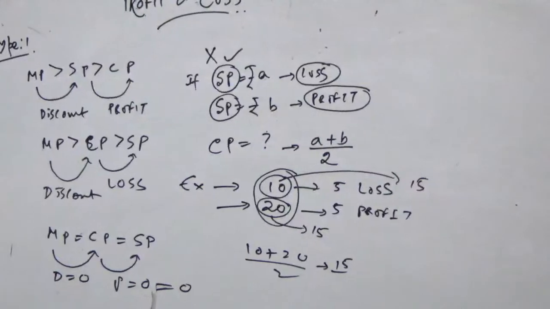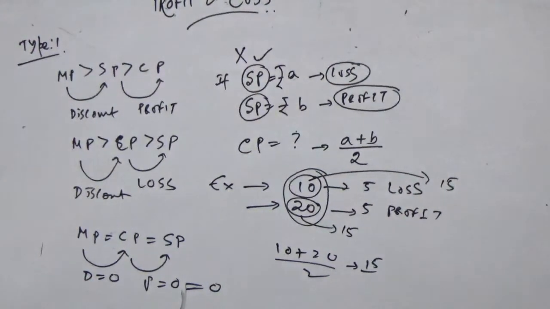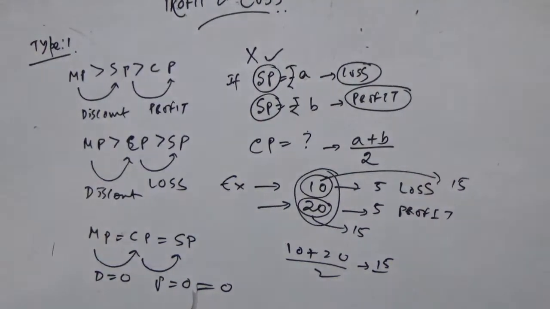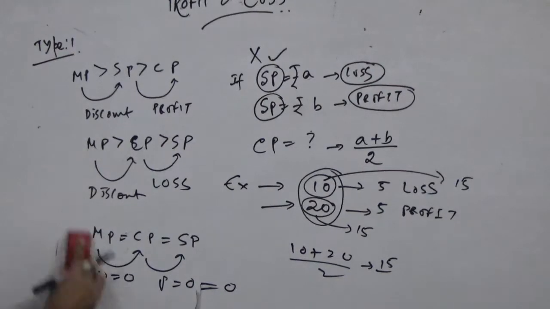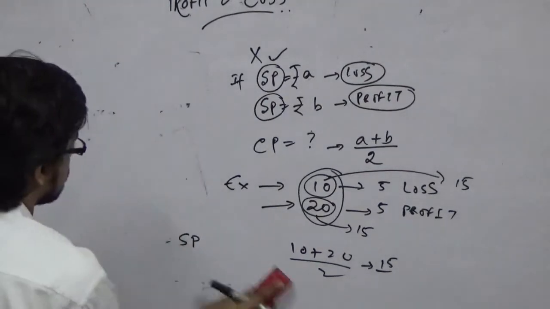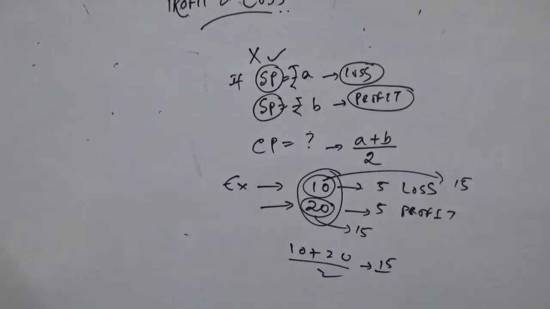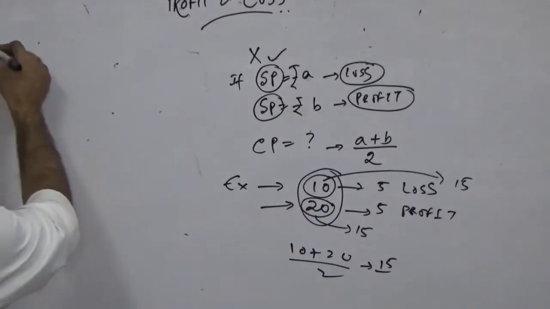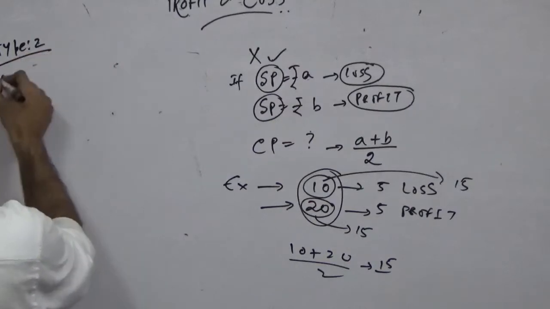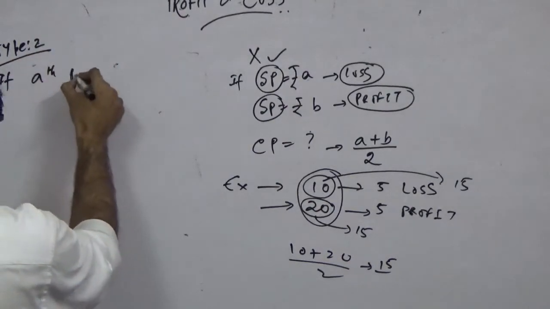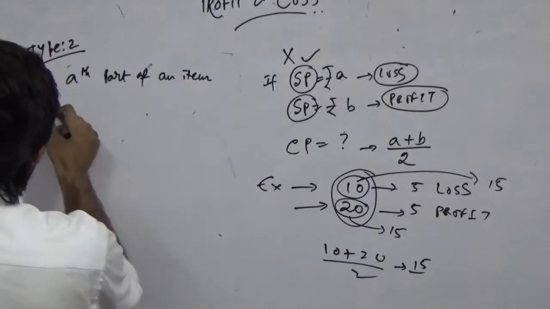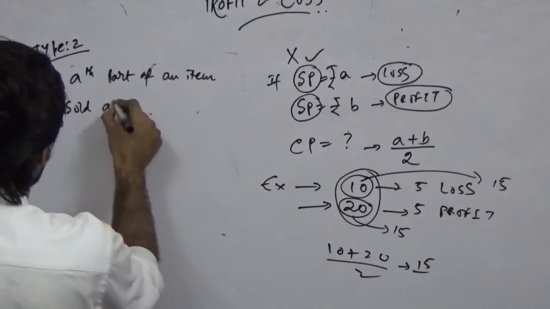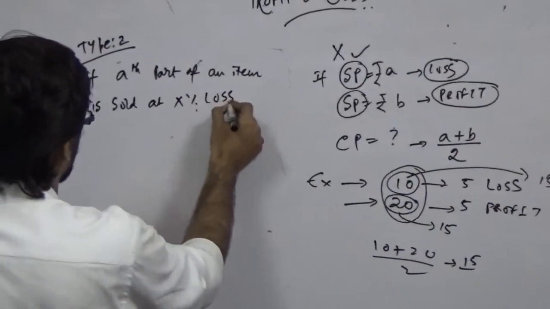Now, type 2. Type 2 is: if eighth part of an item is sold at X% loss.